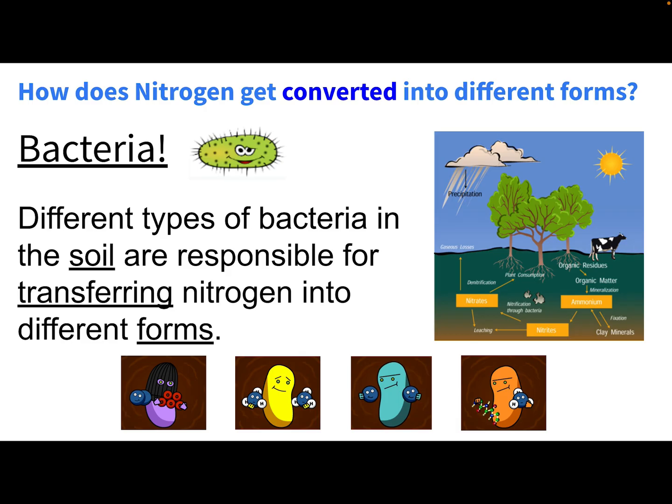All these microorganisms, these super small organisms, help convert nitrogen from one form to another. Now, this most often happens in the ground, in the soil. So that, of course, would be part of the geosphere. That's why soil health is so important, because we need this biodiversity of bacteria in our soil to be able to convert nitrogen to different forms.